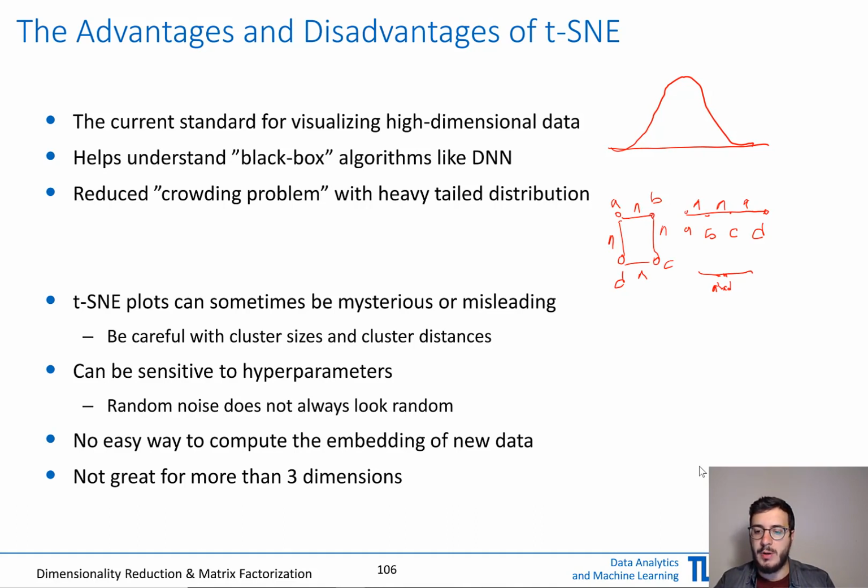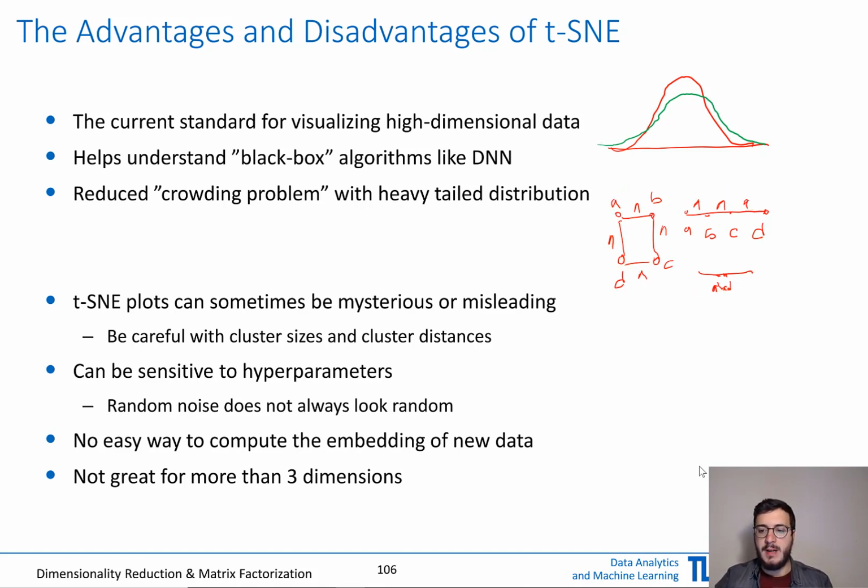And the t-distribution looks, let me use a different color, something like that. So basically the t-distribution has fatter tails, which means that it allows for points to be further apart, and this helps to reduce the crowding problem.